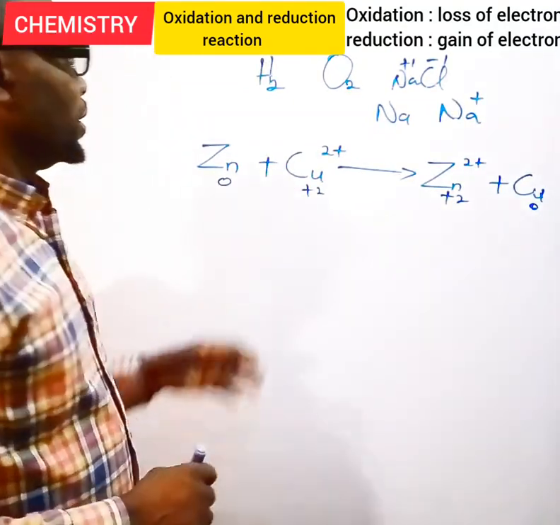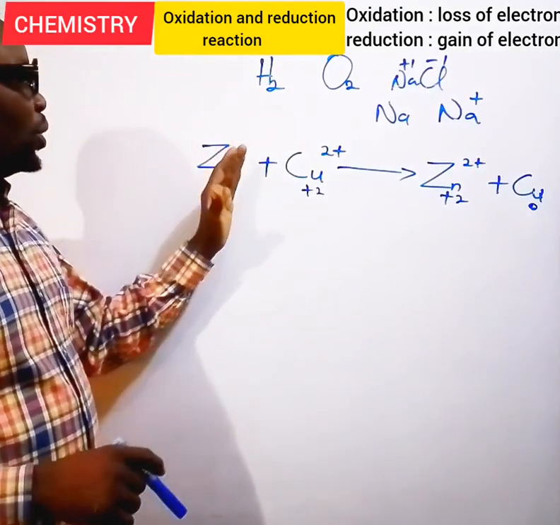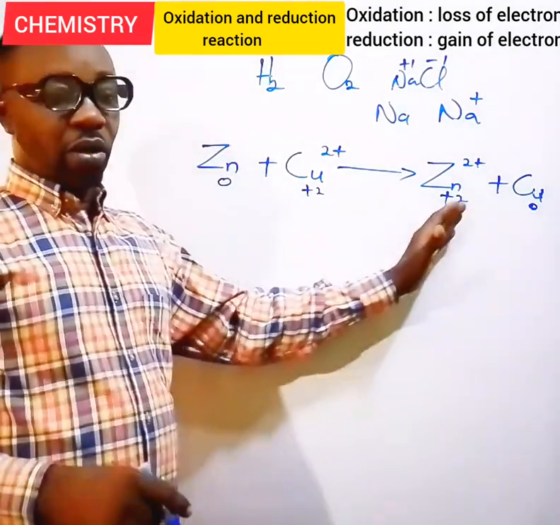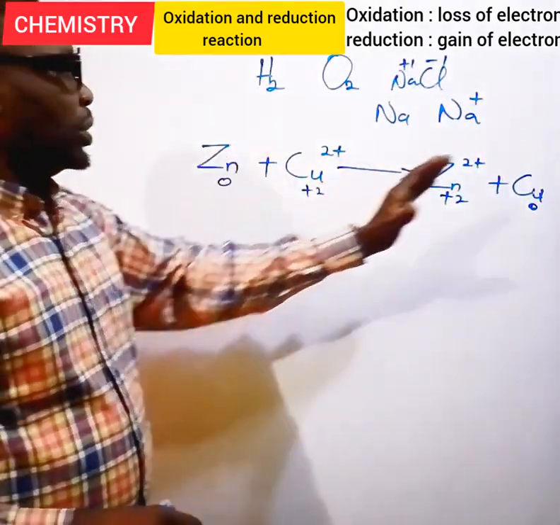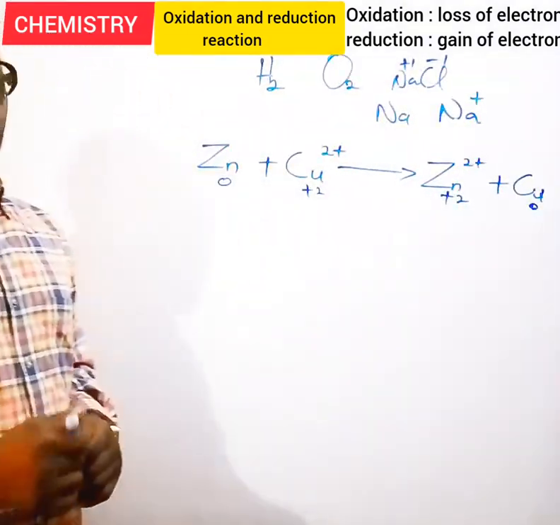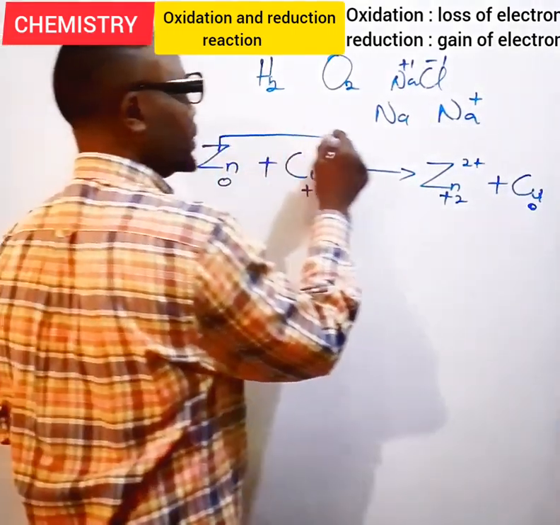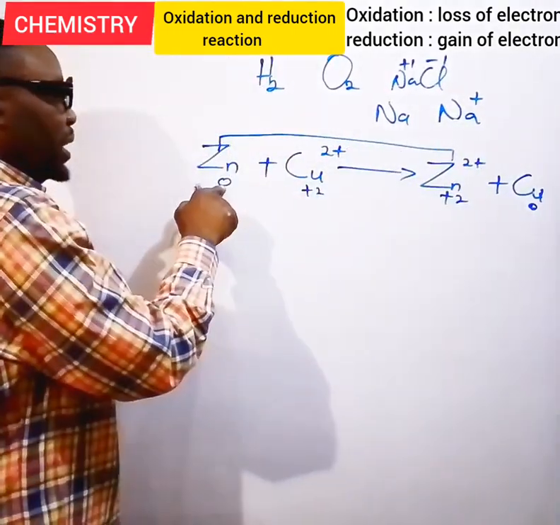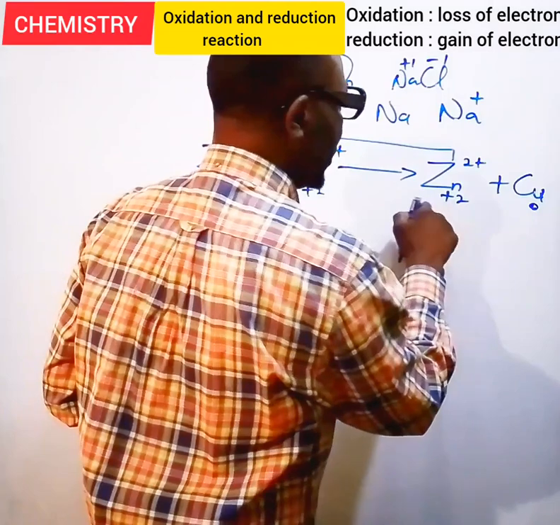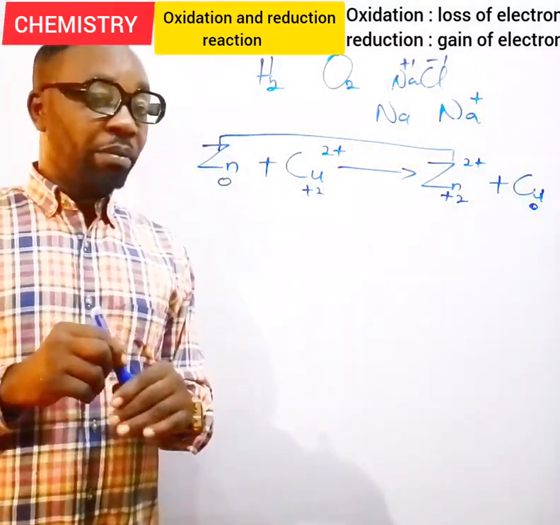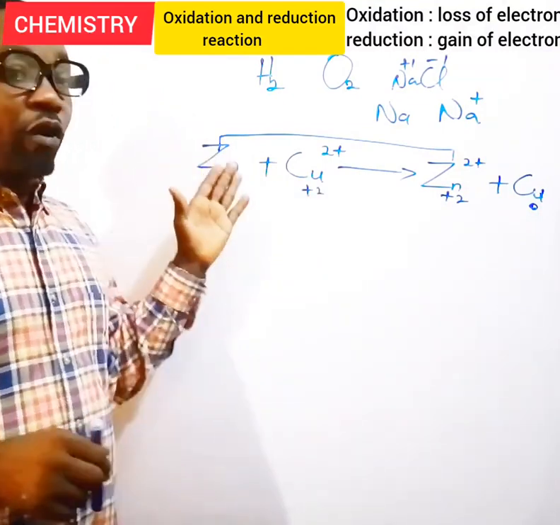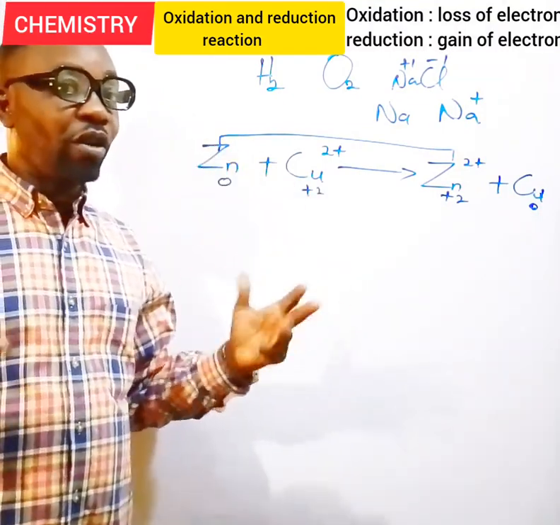Now, let's look at which element undergoes oxidation in this process, and which one undergoes reduction. In this case, you have zinc here. The oxidation number here is 0. The oxidation number here is +2. Another thing I need you to take note of is that you should not mistake this for loss of electron.